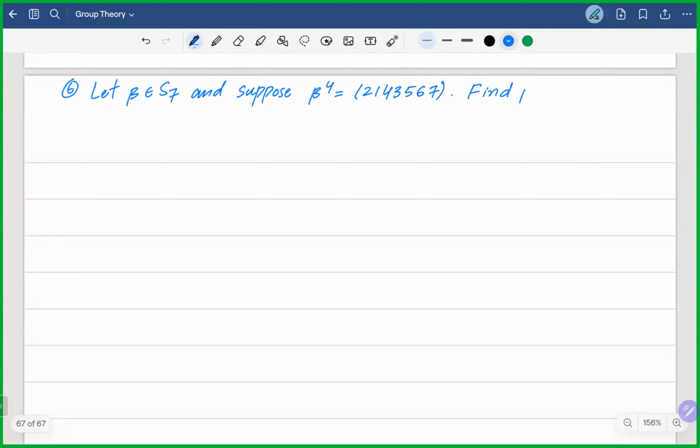First thing we need to find is beta itself. Then, what are the possibilities for beta if beta is in S9? Okay, perfect.